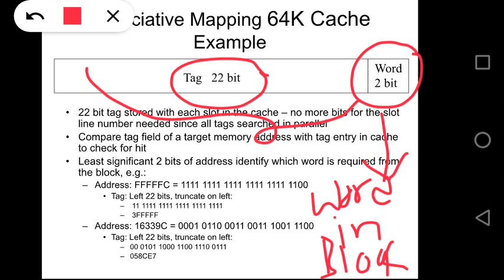That means we compare the tag field of the target memory address with the tag entry in the cache to check for a hit. So what happened? If you are storing a particular word, a particular block of the main memory, store its entire address in the cache. That is the logic in fully associative memory.